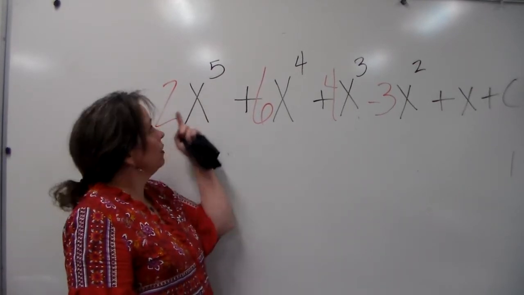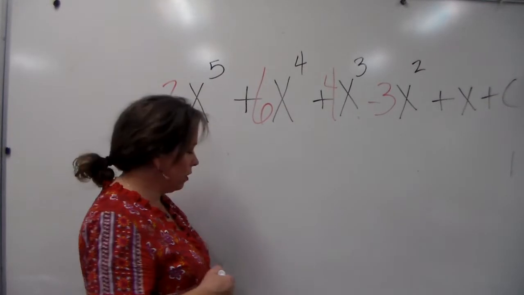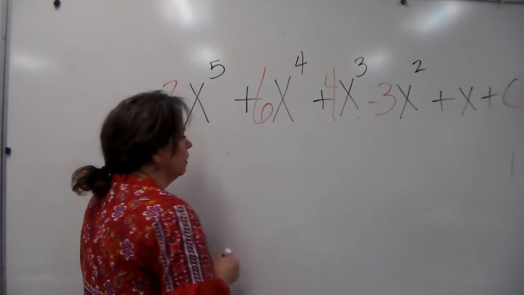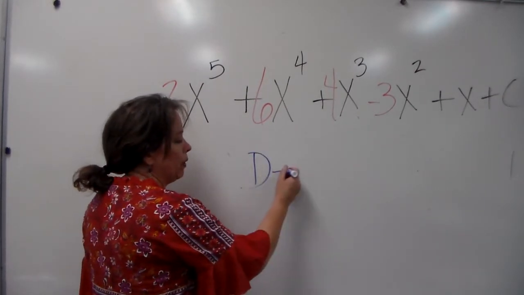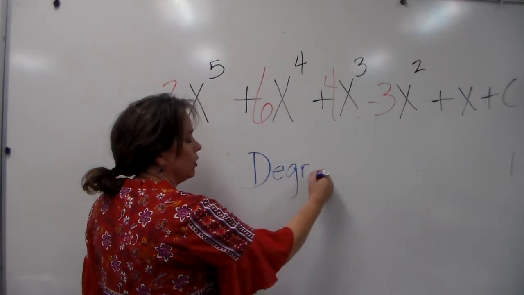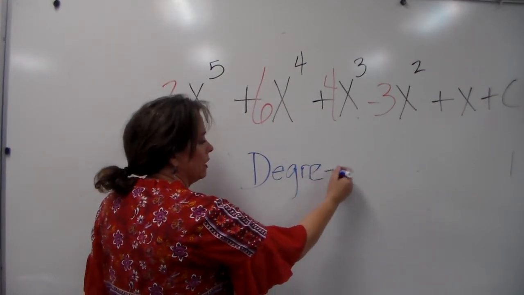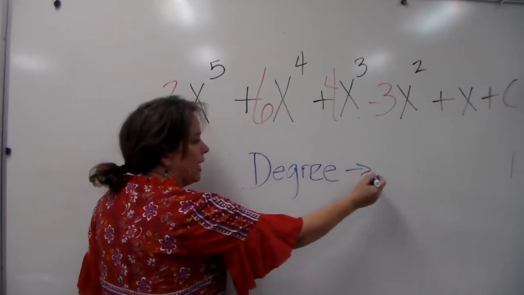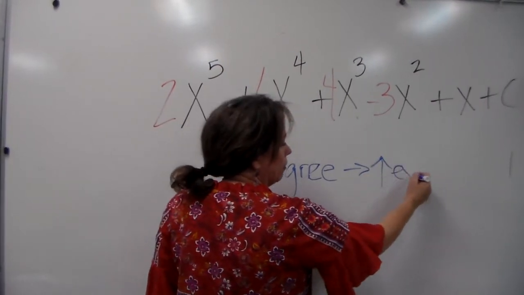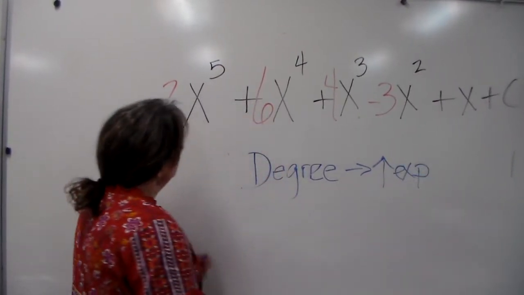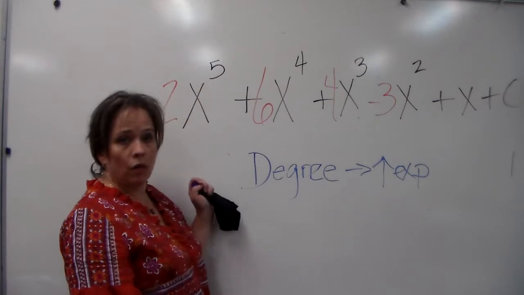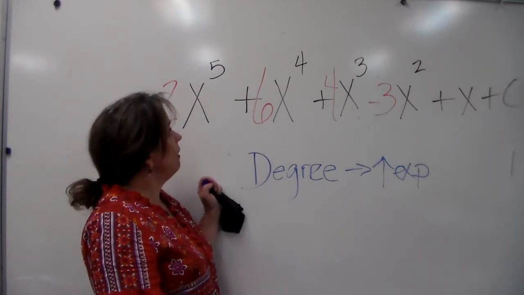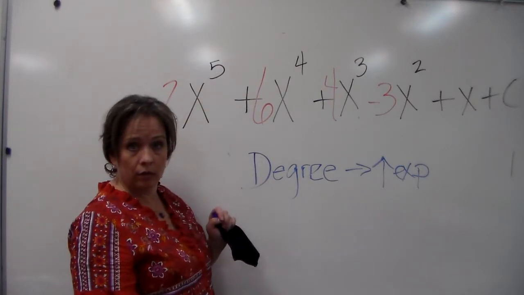The degree of our polynomial, the degree, is our highest exponent. So the degree of our polynomial is the highest exponent, our highest exponent. Okay? So the degree of this polynomial would be a 5th degree polynomial.